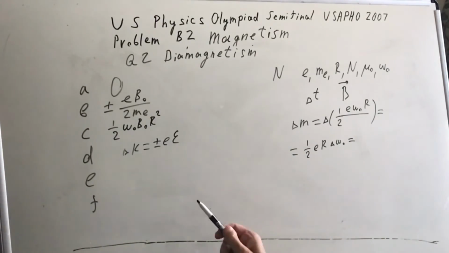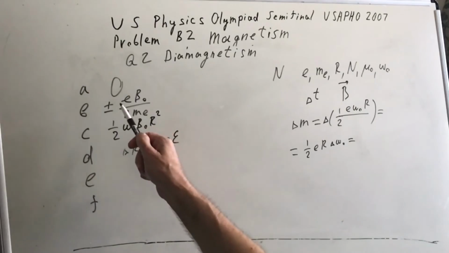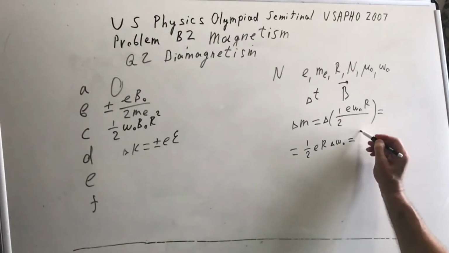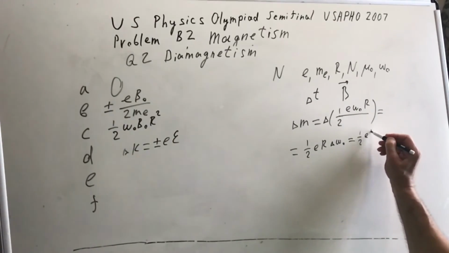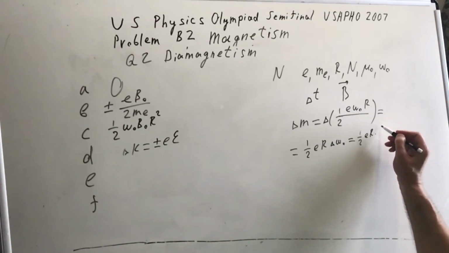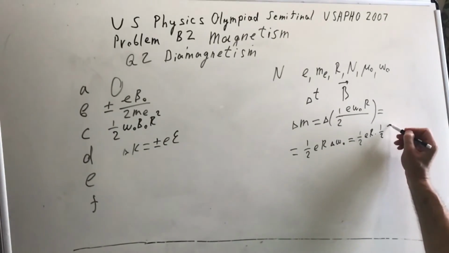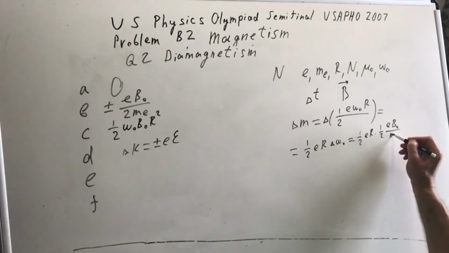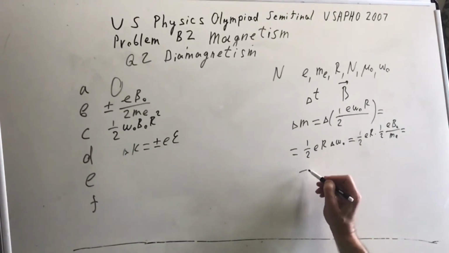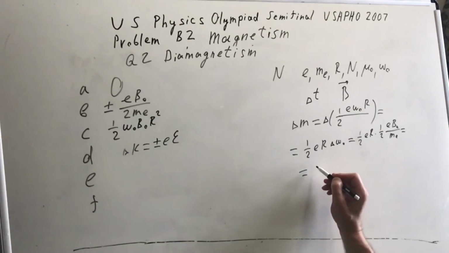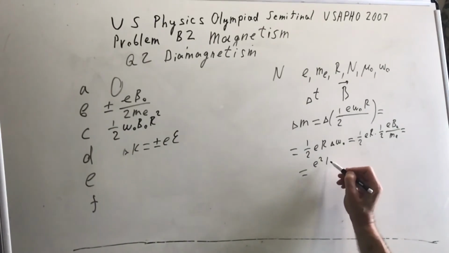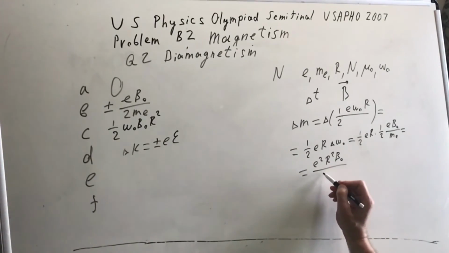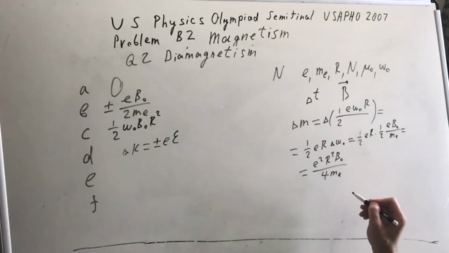Using the change of omega, that will be 1/2 e R multiplied by 1/2 e B0 over mass of electron, which is e squared R squared B0 over 4 mass of electron.